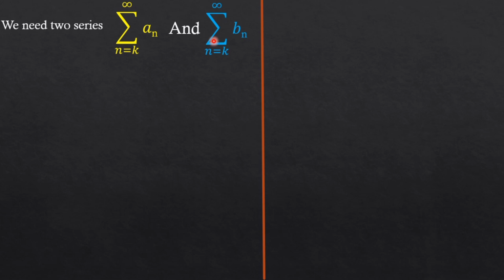What makes the comparison test generally very difficult and not student friendly is the fact that we need two series to compare, unlike the other methods of testing, where we need just the series we have to test. Like I said, I'll explain everything, and if there's something you still don't understand, feel free to leave it in the comment section down below. I'm going to get back to you as soon as possible.